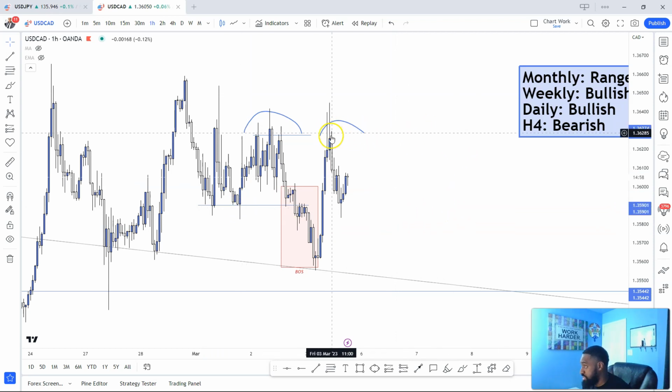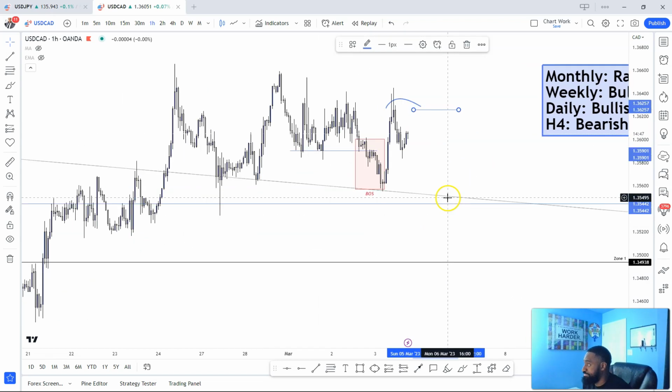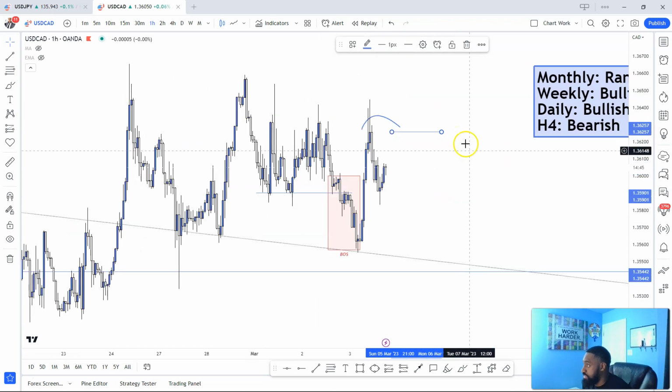So until price breaks this high, which is pretty much the same high, it's still considered to be in a downtrend. It could potentially do that, but we gotta be patient.